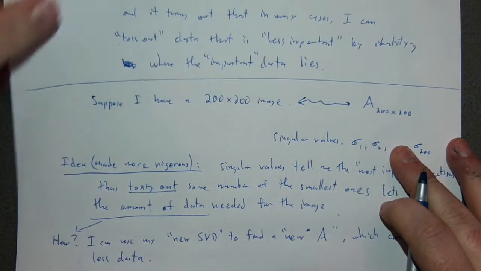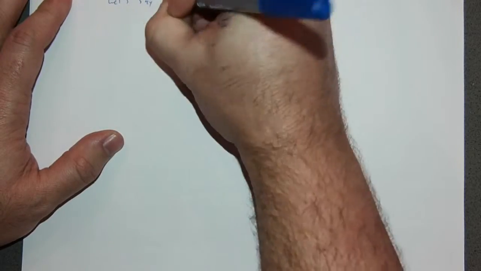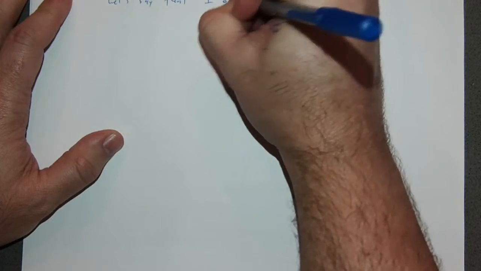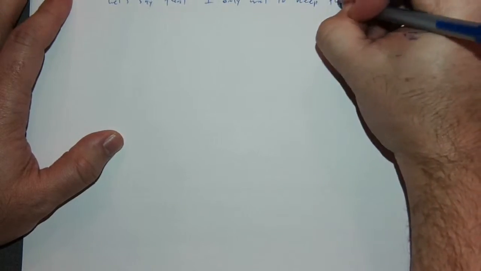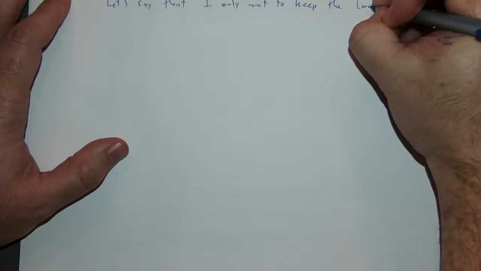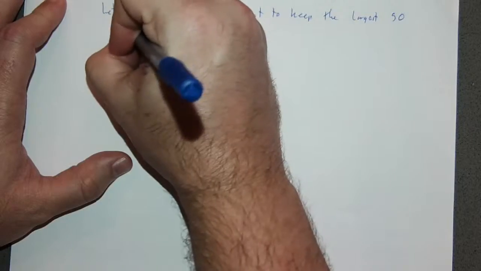So let's say that I only want to keep the largest 50 singular values.